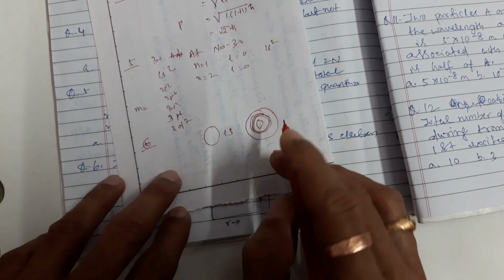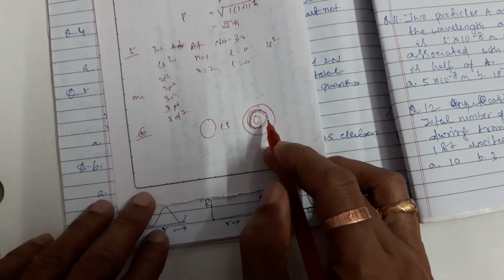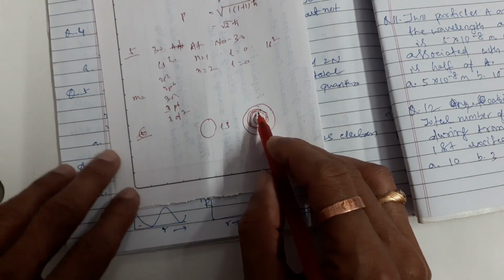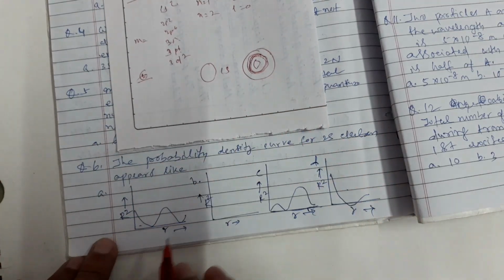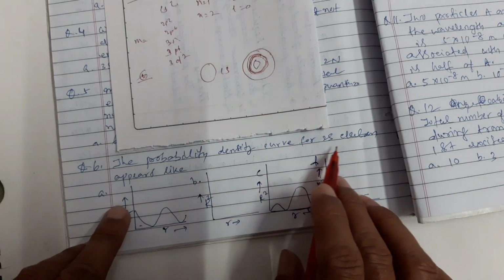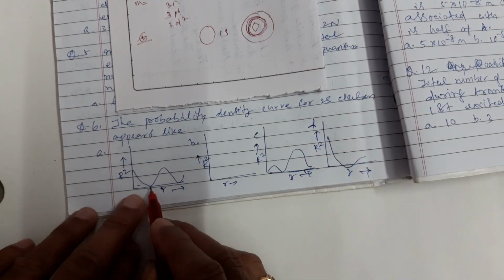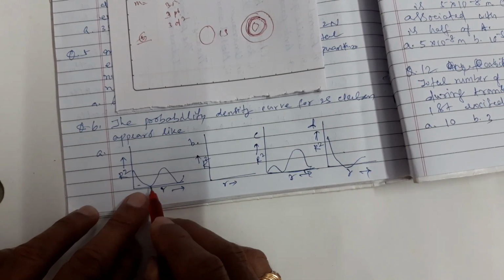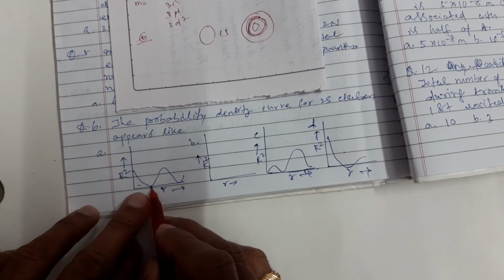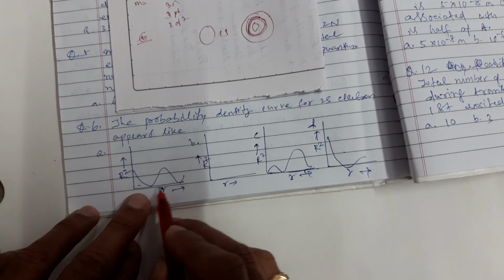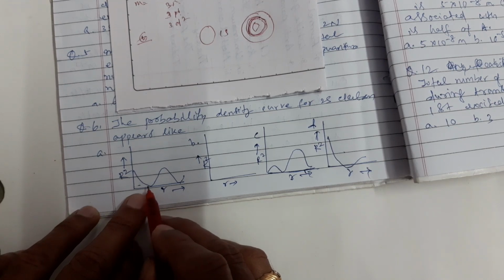What is a node? Where no electron is found. So the probability density curve for a 2s electron should be like this. But here at 2 points it is touching the x-axis, so actually this is wrong.